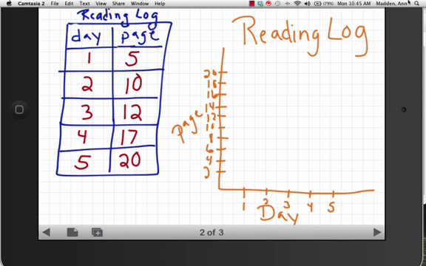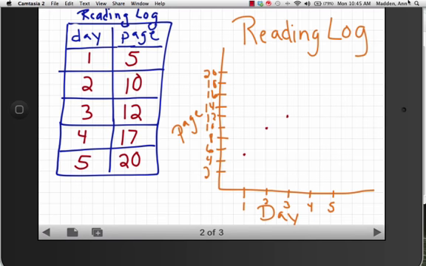Now I need to record my line graph, my line plot. Okay, day 1, the person ended on 5 pages, so it's in between the 4 and the 6. I'm going to put my dot. Day 2 was on 10, that is right on the line. Notice I'm following the lines. Day 3 is 12.